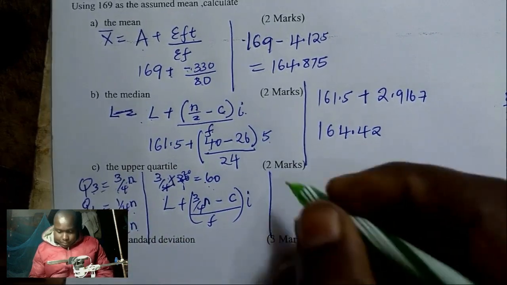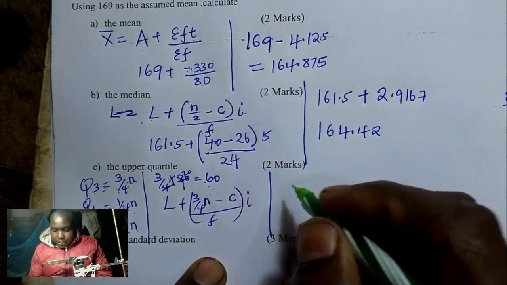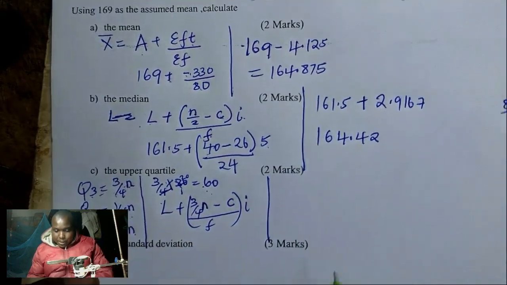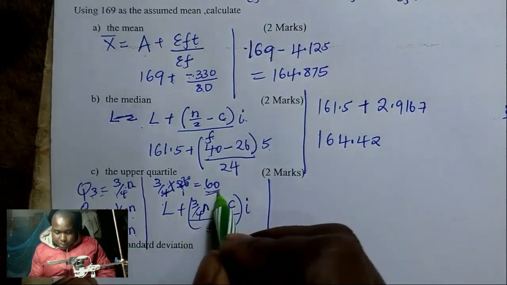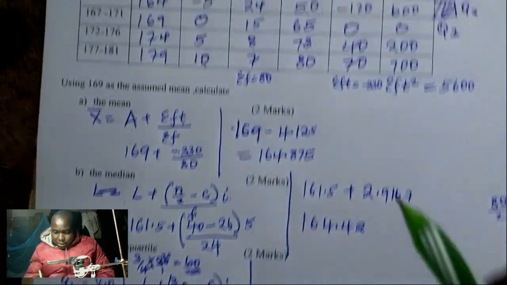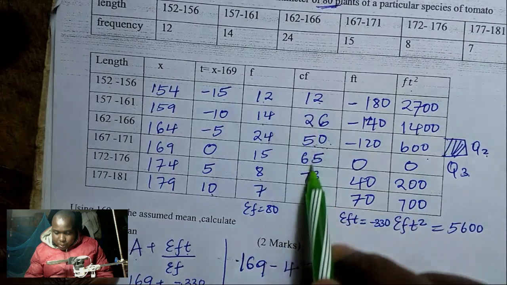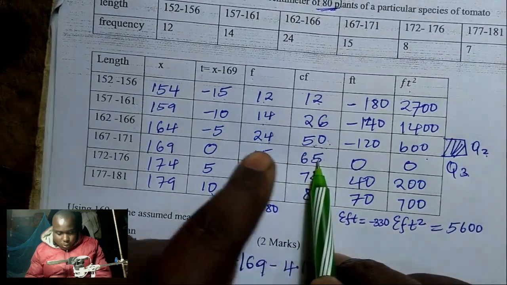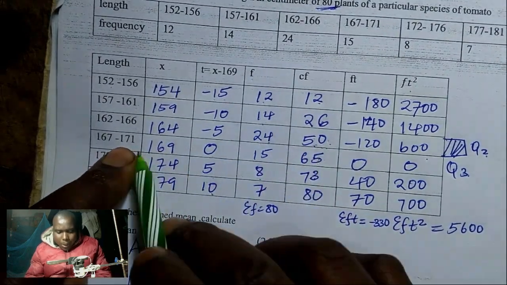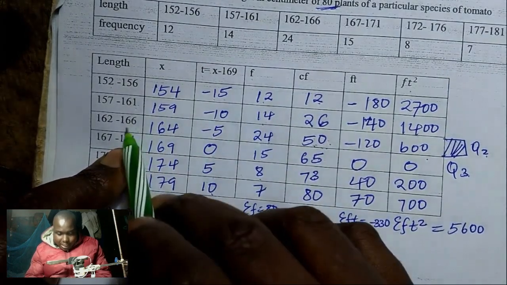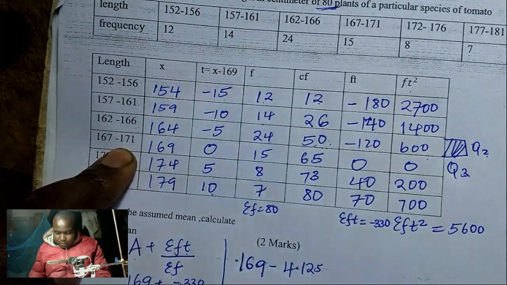Okay? Therefore now we continue. Our L: we come to the table, we go where there is 60 in the cumulative frequency, 60 is at 65. So you come back here. So our lower limit is 166.5.